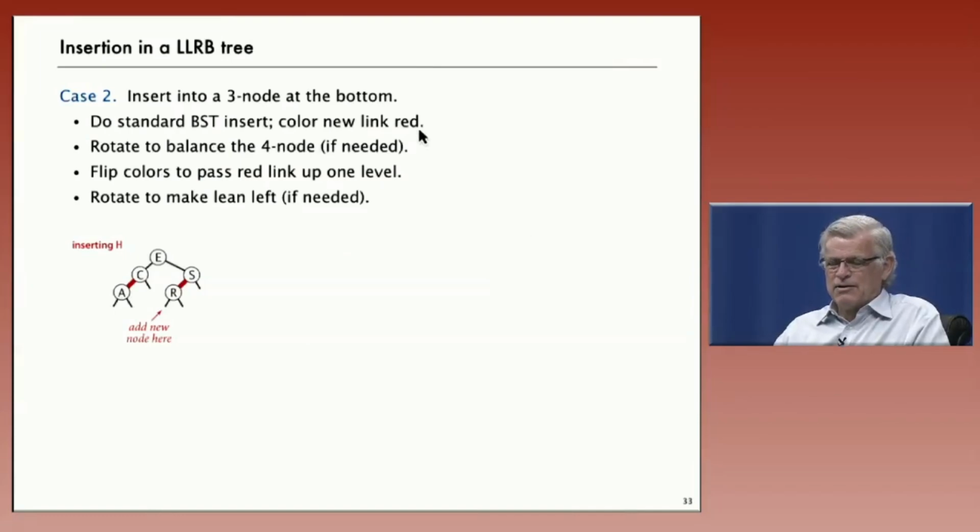We do the standard BST insert, color the new link red. Then we do the rotations that we need, either 1 or 2 rotations to balance the temporary 4 node. And then we flip colors to pass the red link up 1 level. And then we might need to rotate to make that one lean left.